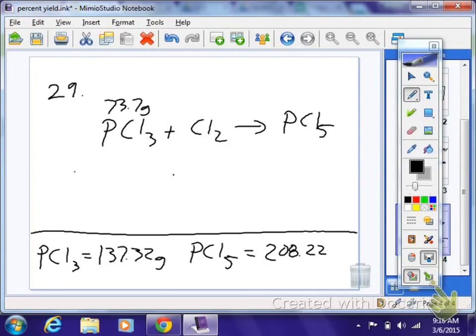So this is problem number 29. So we're looking at problem 29 in your book on page 322.